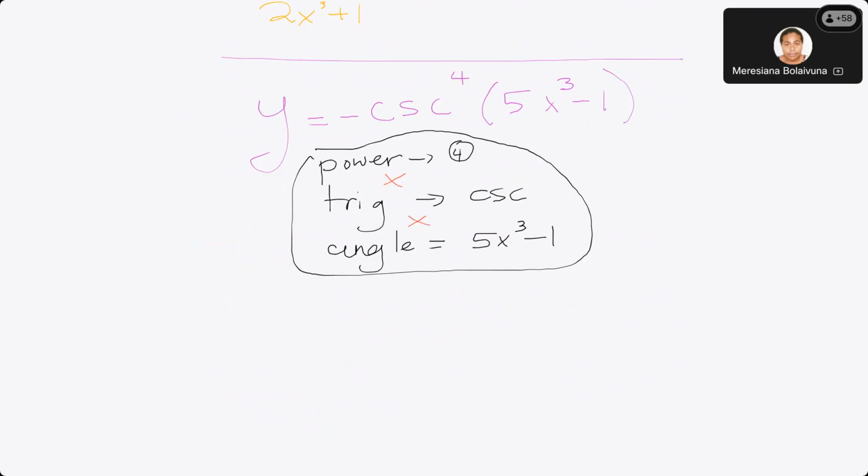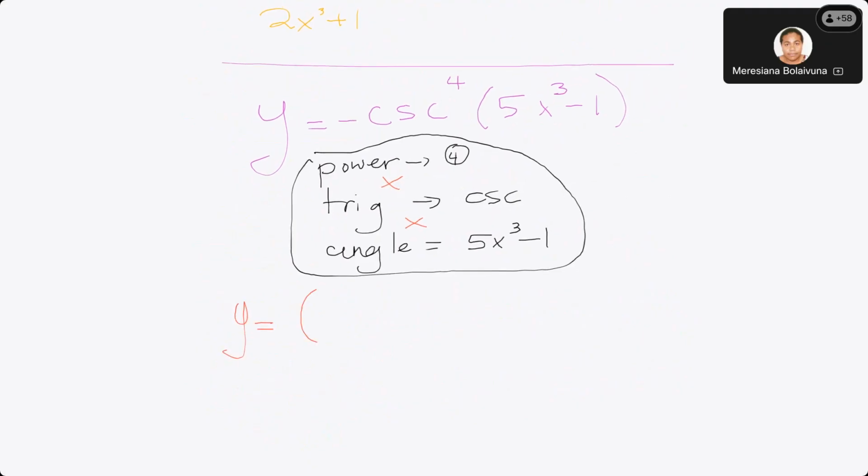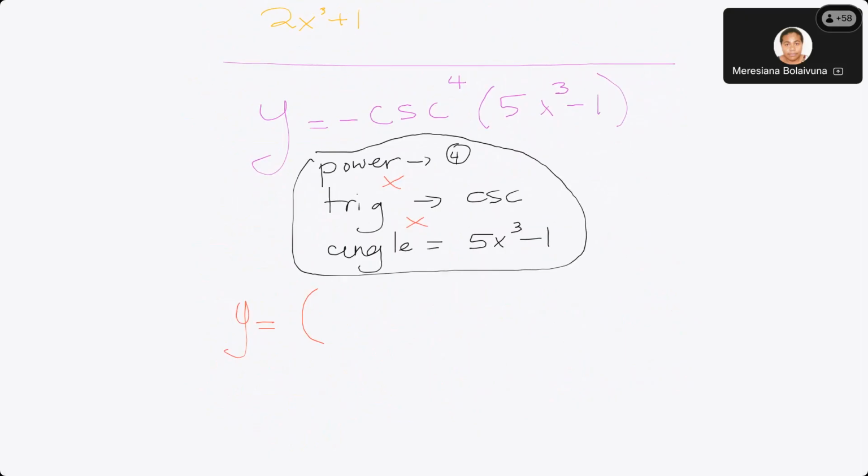Okay, so we differentiate the power. If I rewrite this, I get a -1, and then you have cosecant of 5x cubed minus 1, and the square bracket is to the power of 4.